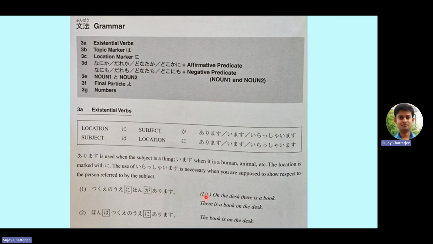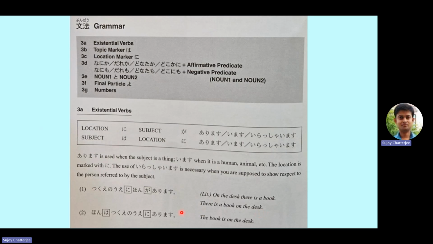So literally, if we translate this to English, it will be on the desk there is a book. Tsukue no ue ni, that means on the desk. Hon ga arimasu, there is a book. There lies a book. Or if you want to restructure it in English, then it will be there is a book on the desk.